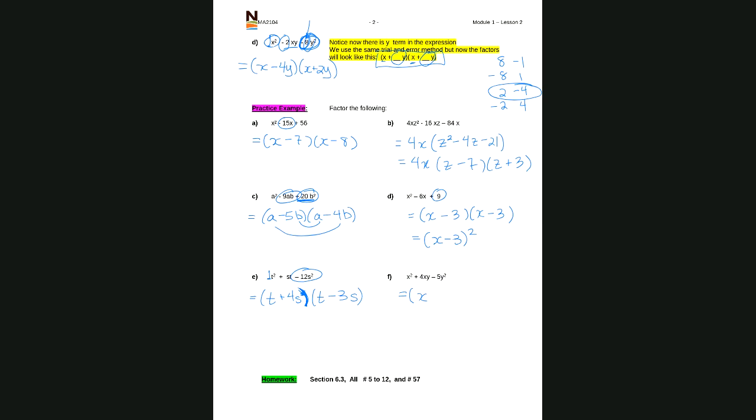And for the last one, we have x times x is x squared, and negative y times positive 5y gives you this product, but adds to positive 4xy.